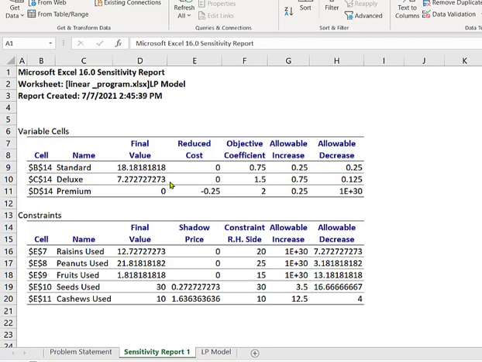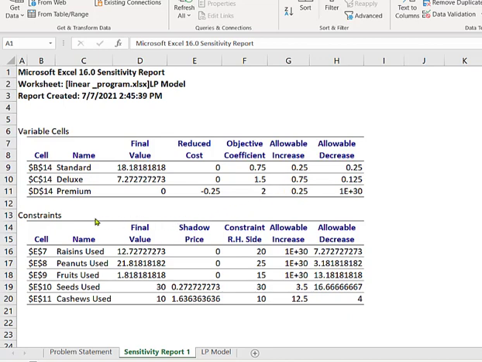Similarly, for the deluxe mix, you can increase the objective function coefficient from 1.5 to 2.25, and the optimum combination remains the same. Or if you reduce it by 0.125, that would change the optimum solution.